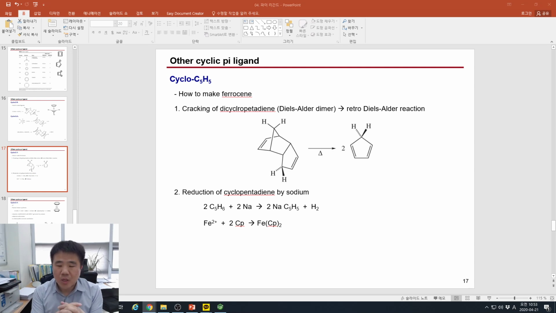So if I say cyclopentadienyl or cyclobutadiene ligand, that is just an aromatic system.